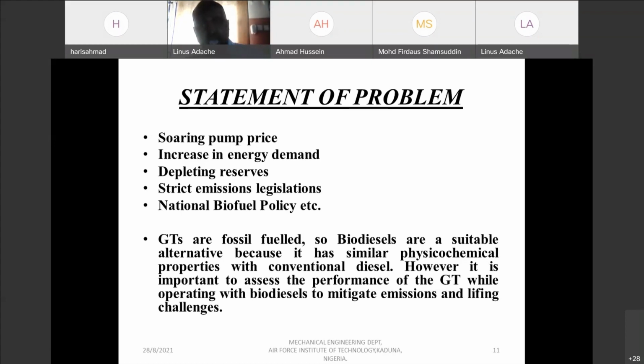Biodiesel is a suitable alternative because it has similar physicochemical properties to conventional diesel. However, it is important to assess the performance of a gas turbine while operating with biodiesel to mitigate emission and other challenges.